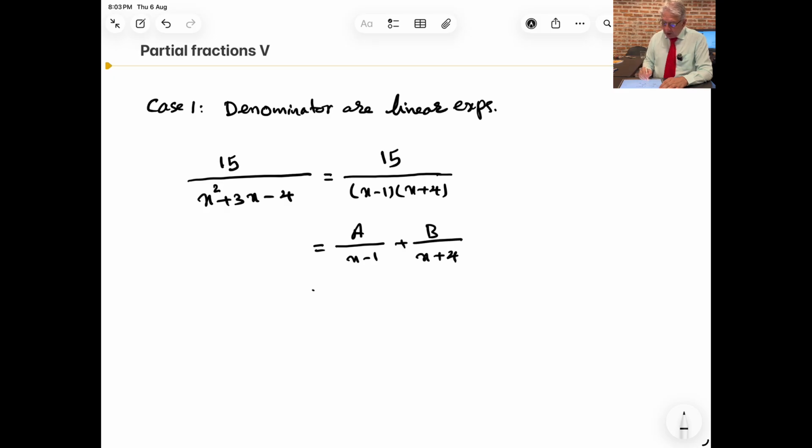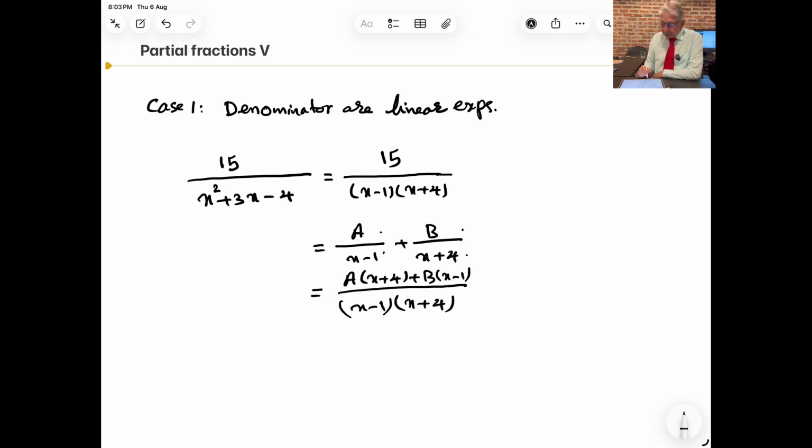Now I will take the common denominator here, so this will be x minus 1 times x plus 4. To make the denominator the same, I have to multiply here by x plus 4, therefore here I am getting a times x plus 4, and here I have to multiply by x minus 1.